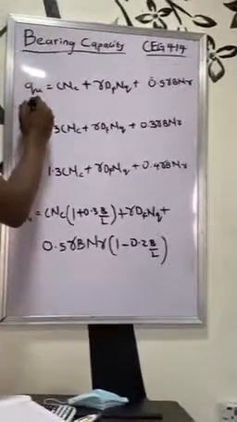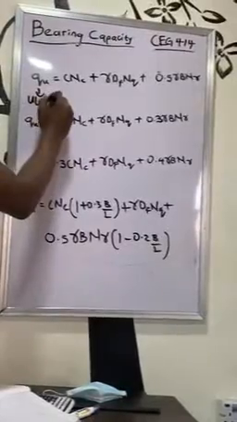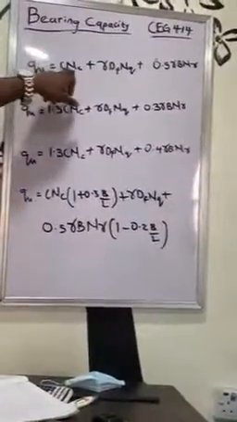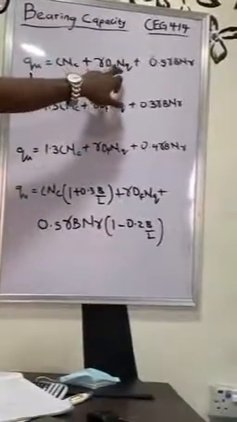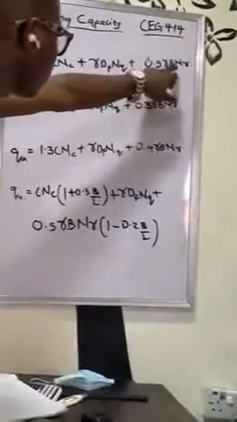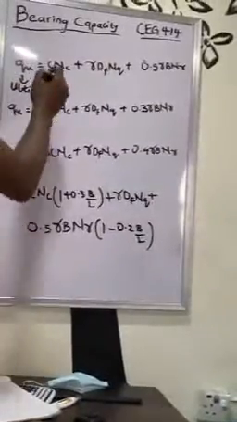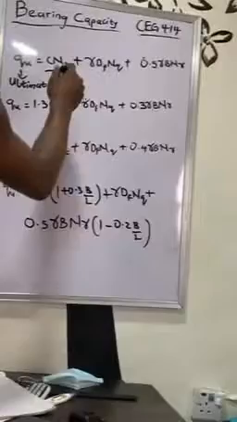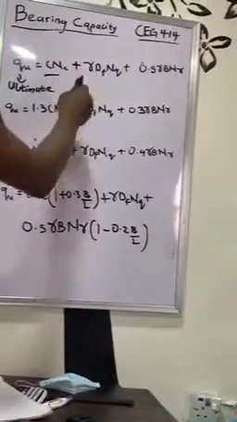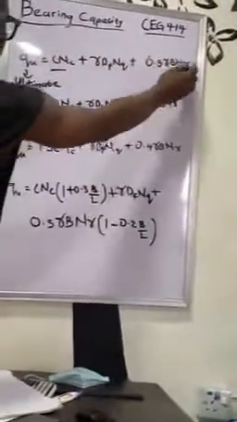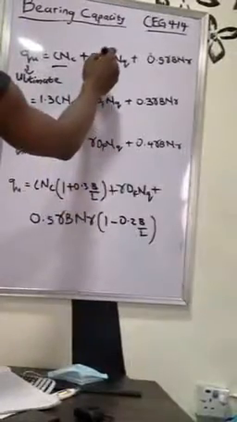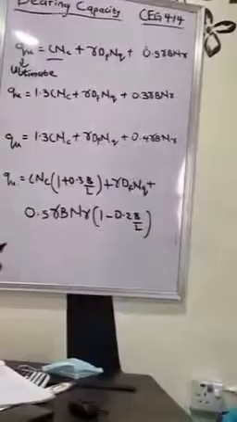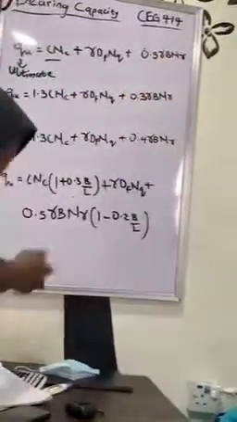The ultimate bearing capacity of the foundation is given by cNc plus gamma Df Nq plus 0.5 gamma B N gamma, where c stands for cohesion of the soil. Nc, Nq, N gamma come from the table. Gamma is the unit weight of the soil, Df is the depth of the foundation, and B is the breadth of the foundation.